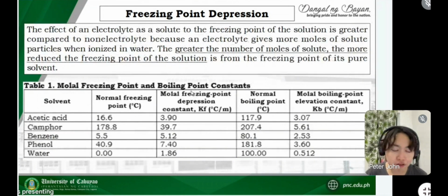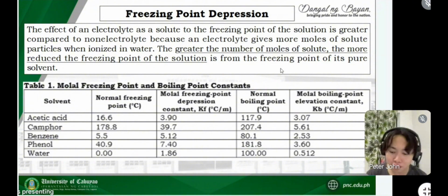An effect of electrolytes as a solute to the freezing point of a solution is greater compared to a non-electrolyte. Because electrolytes give more moles of solute particles when ionized in water. The greater the number of moles of solute, the more the freezing point of a solution is reduced from the freezing point of its pure solvent.